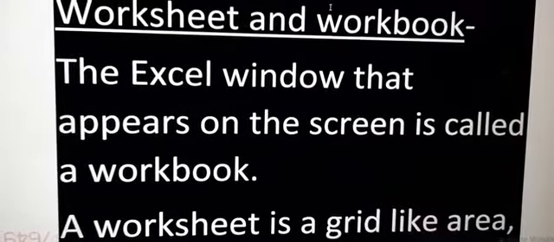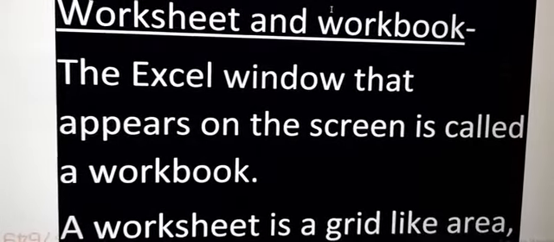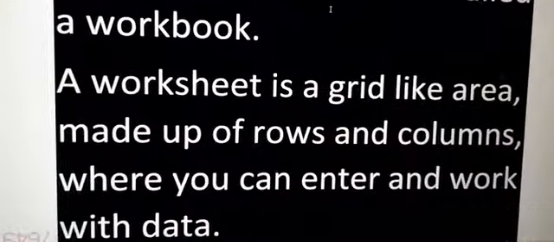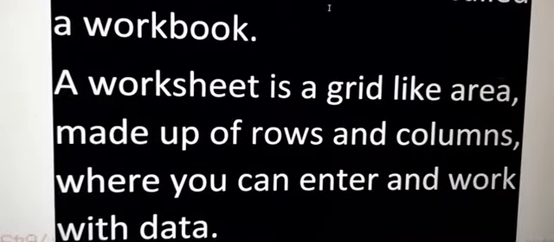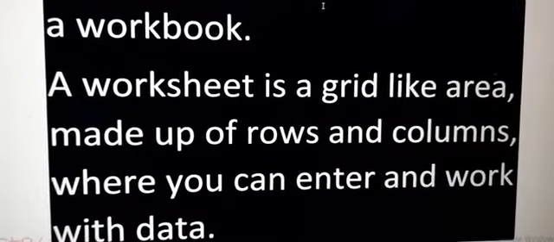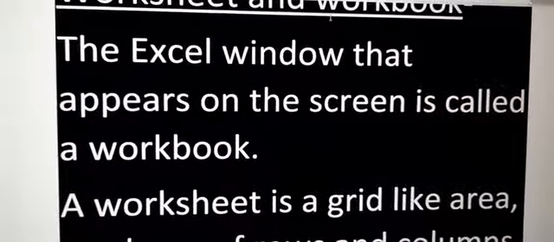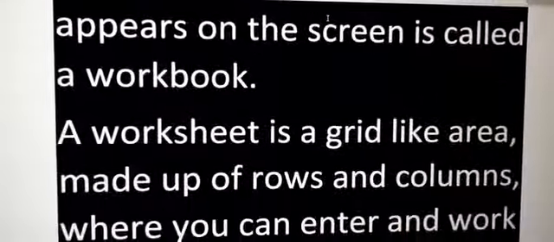Workbook is like a notebook which consists of a number of pages called worksheets. Now what is a worksheet? A worksheet is a grid area made up of rows and columns where you can enter and work with data. So I think you understood the meaning of workbook and worksheet.